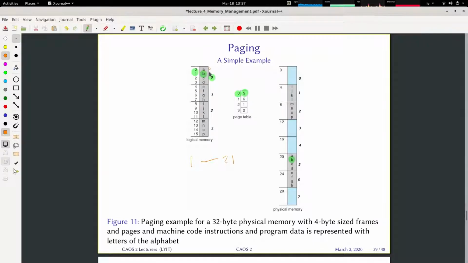So there's offset 0, 1, 2, and 3, and there is offset 0, 1, 2, and 3. Each frame has an offset, and each page has an offset. So for example, if I was looking at F, the offset value for that would be 1, because we're counting 0, 1, 2, 3, like so.